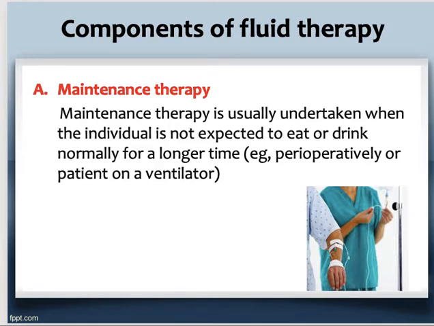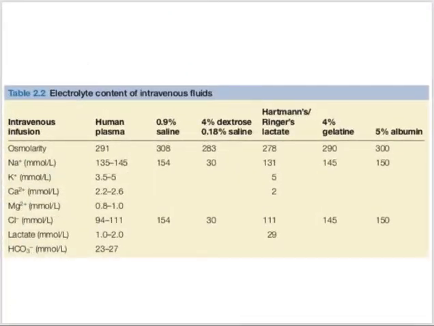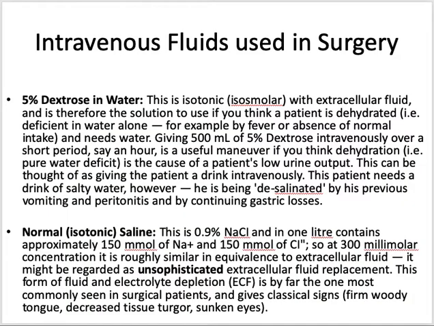You can see from here, for example, 5% dextrose water is isotonic with extracellular fluid, and it is therefore the solution to use if you think a patient is dehydrated, that is, deficient in water alone, for example by fever or absence of normal intake, and needs water.